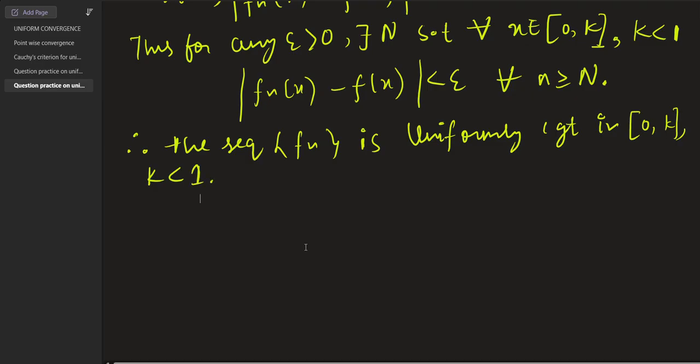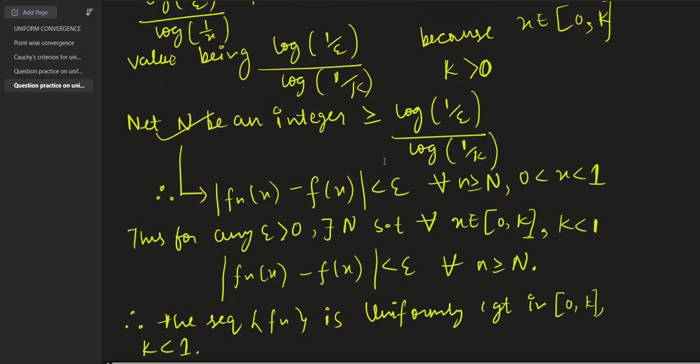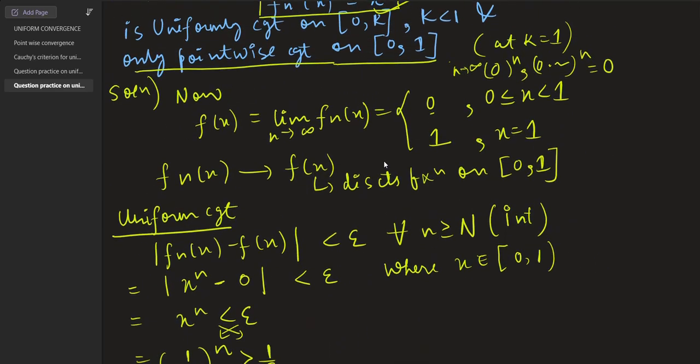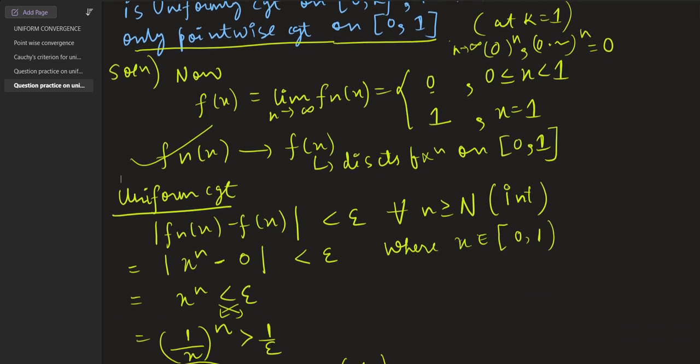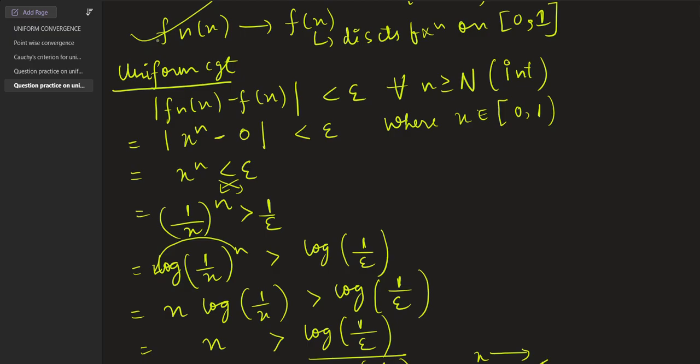So what we did in this question is we made use of the definition. First we showed that it is pointwise convergent, and then by definition |fn(x) minus f(x)| is less than epsilon.